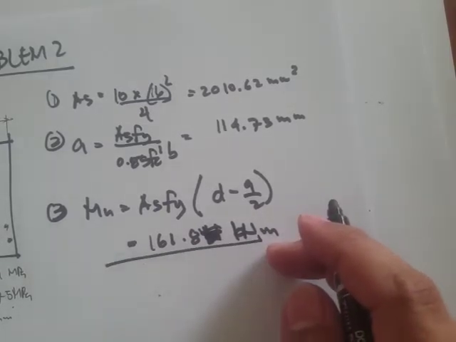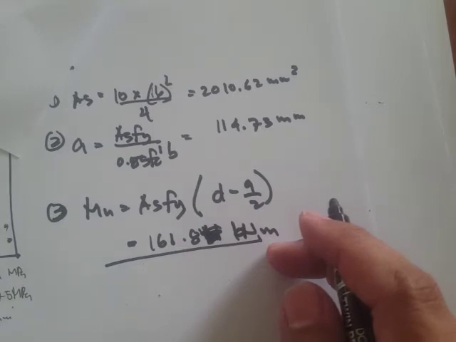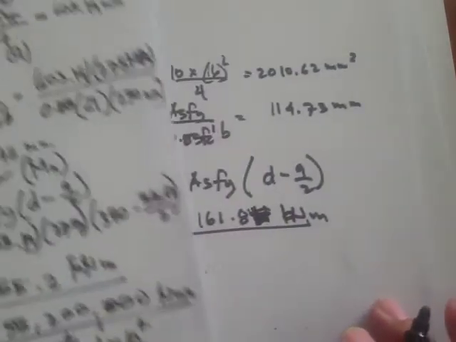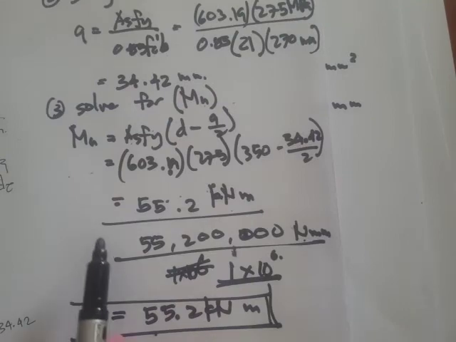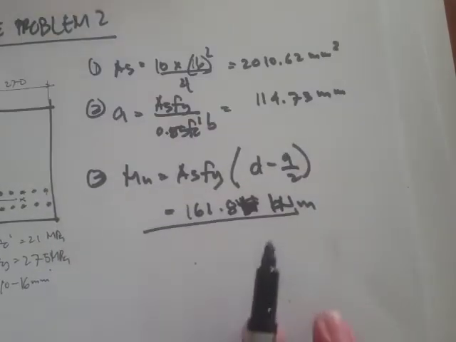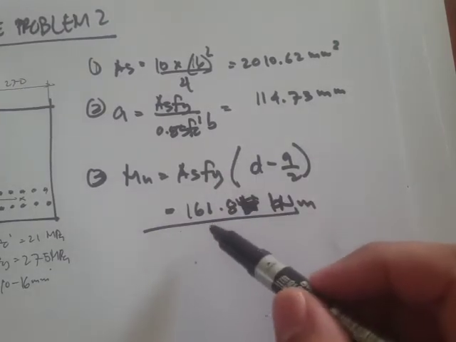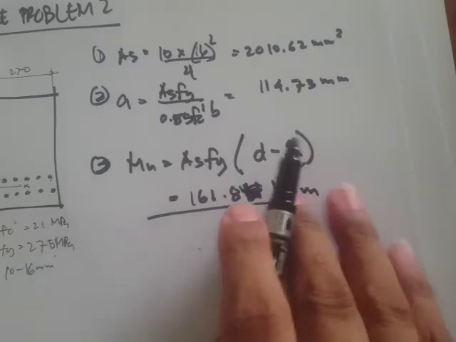If you notice, in our previous problem we only had around 55 kilonewton meters. We had a value of 55.2 kilonewton meters. But if we increase the steel area, then we have an increased capacity.